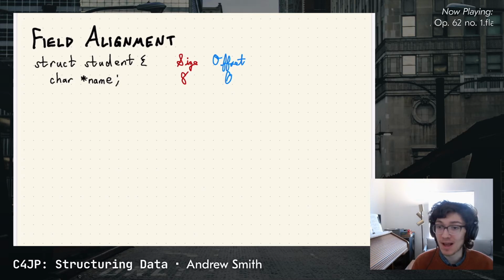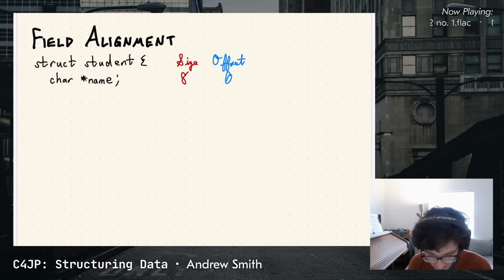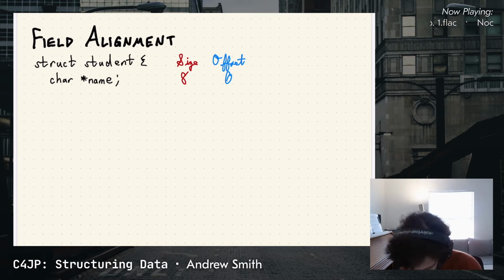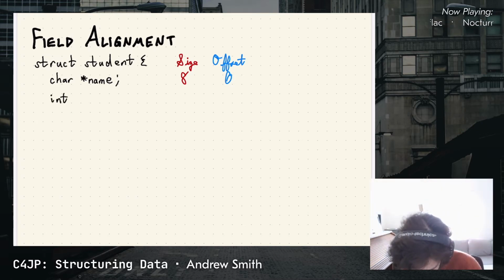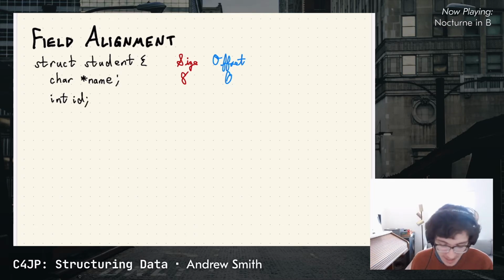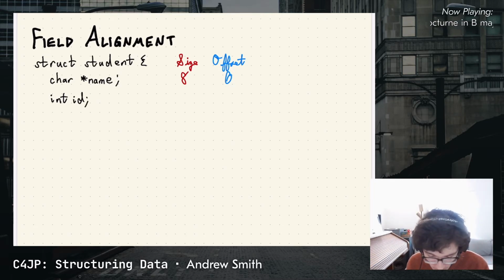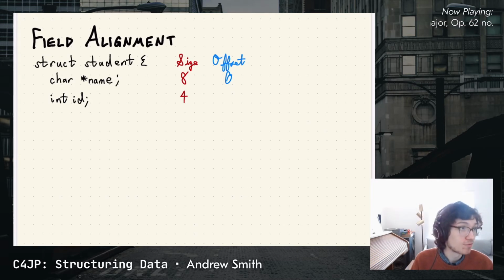And so now let's go ahead and talk about our ID. So int ID. Now, our ID is an int. An int on our hypothetical system has a size of 4 bytes. And so its offset needs to be a multiple of 4 in order to be properly aligned. So let's figure out how that's going to work.